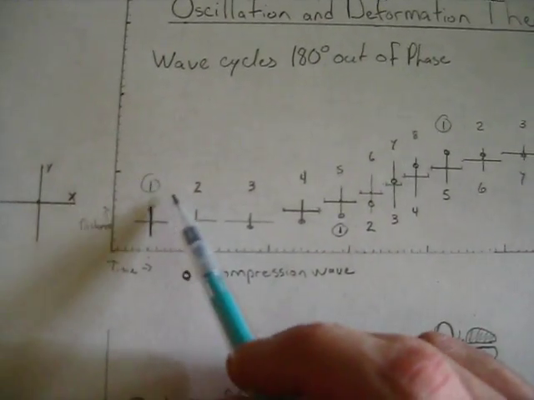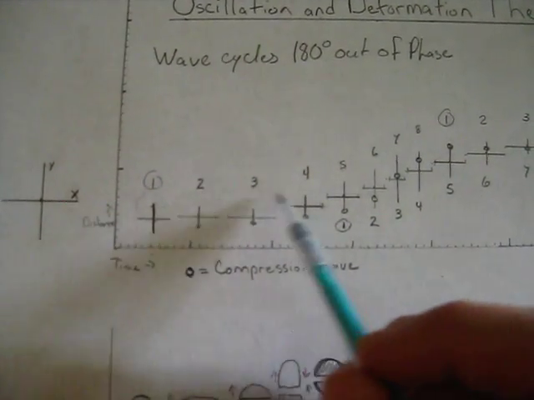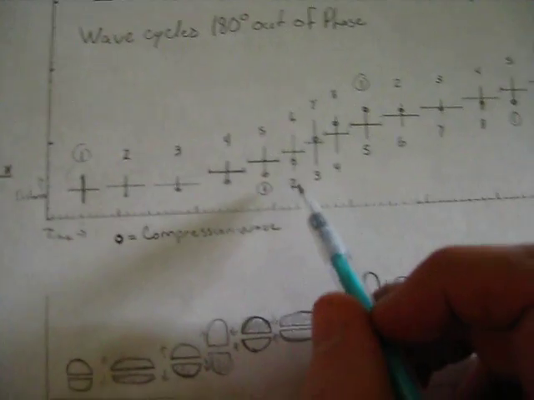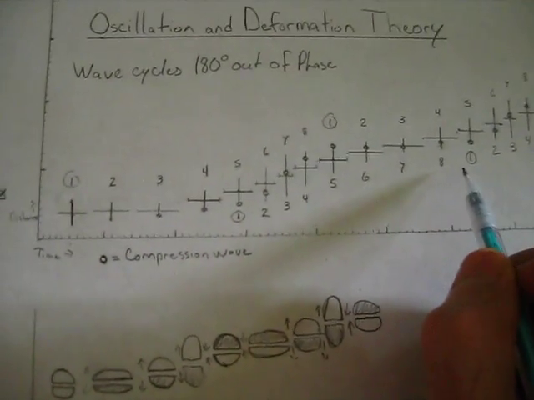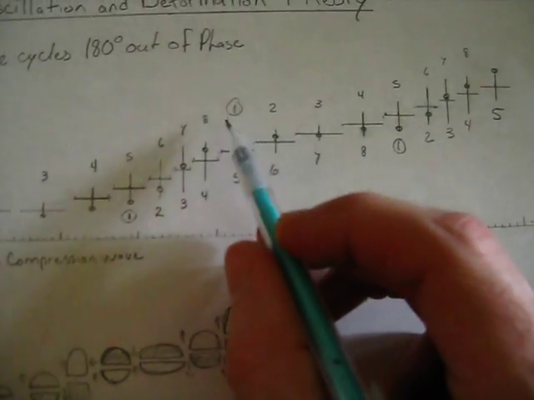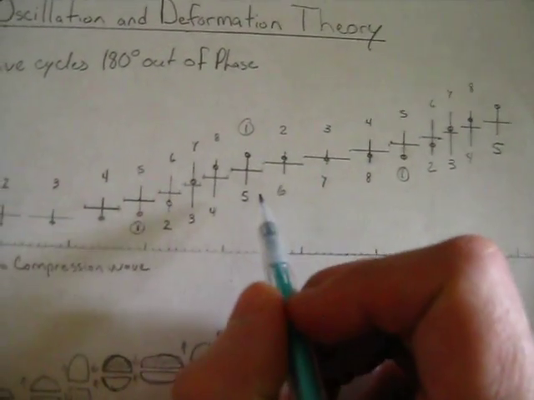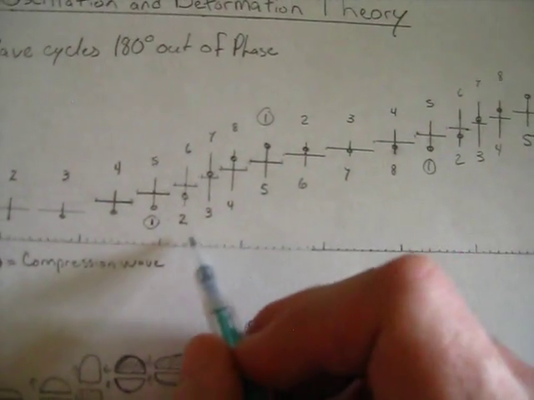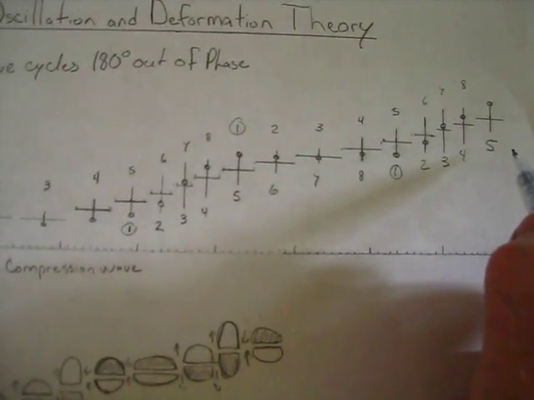The top row is the deformation cycle, and the bottom numbers, 1 through 8, are the compression cycle. And these are the phases of the cycle. And you can see here after 8, 1 starts again for the deformation cycle, and after 8 here, 1 starts again for the compression cycle.